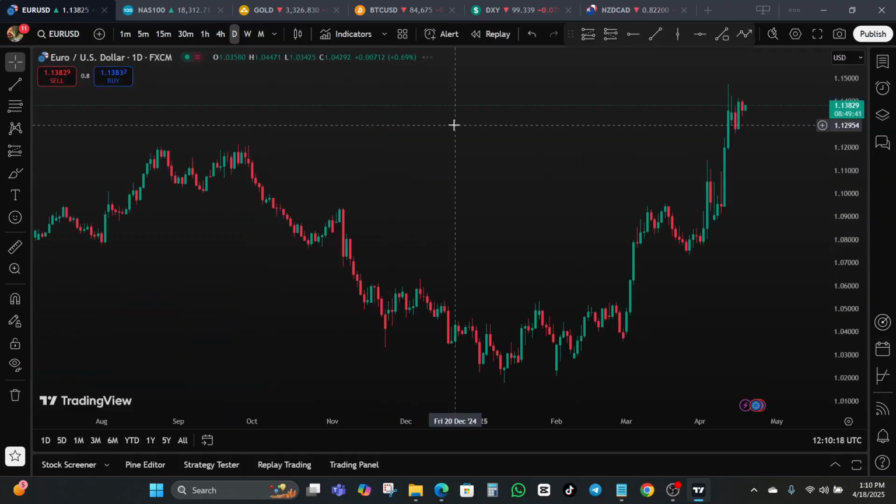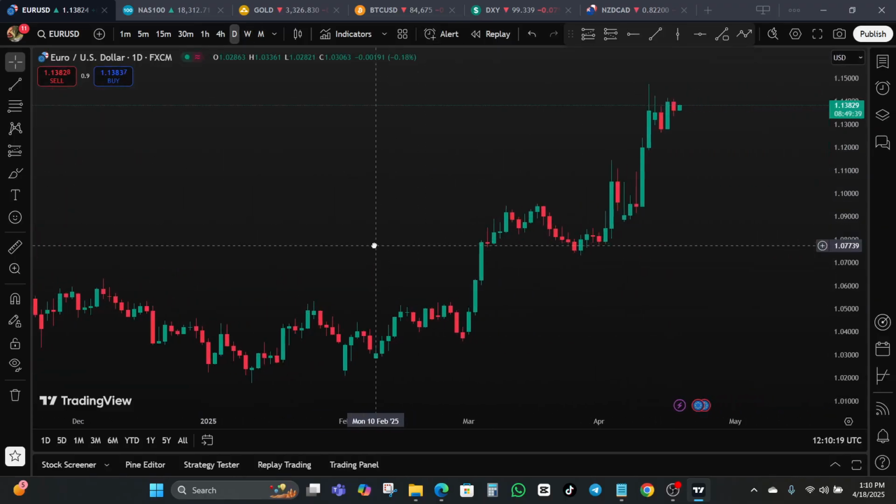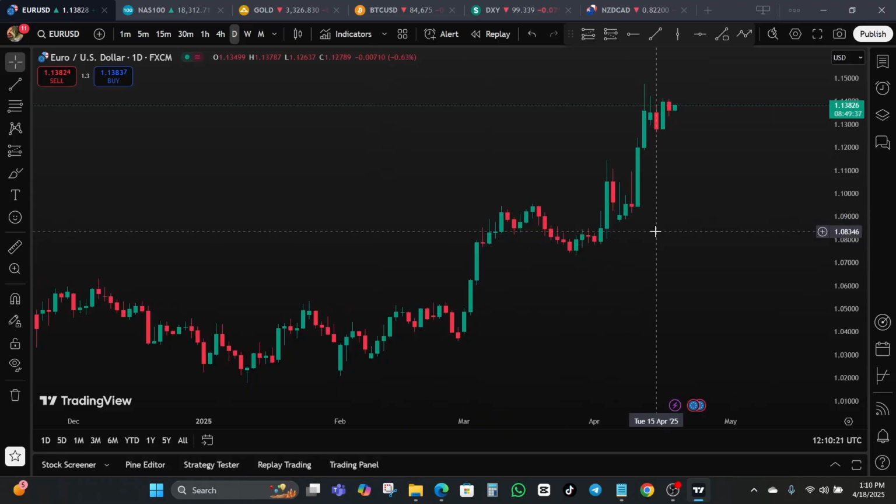OHL stands for open, high, and low. The three key price points that form the backbone of every trading day. Now, the open represents where the market starts. Let's use this as a case study.